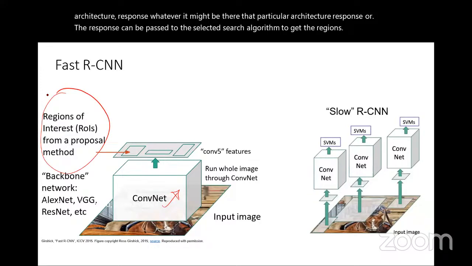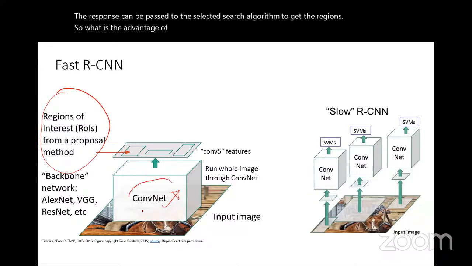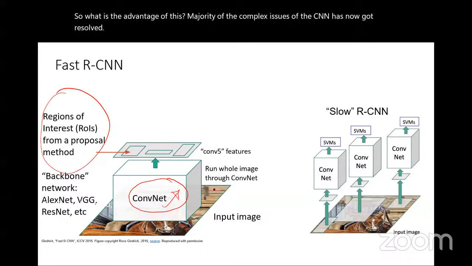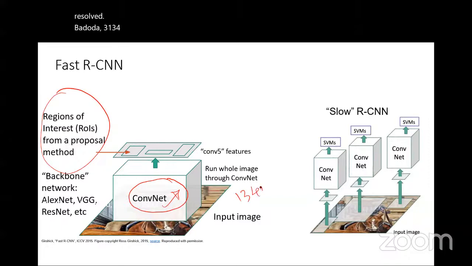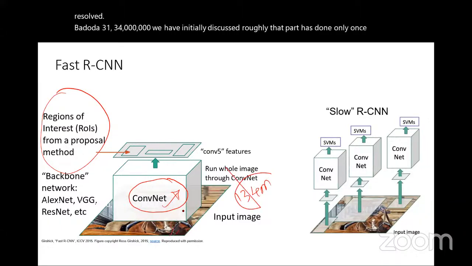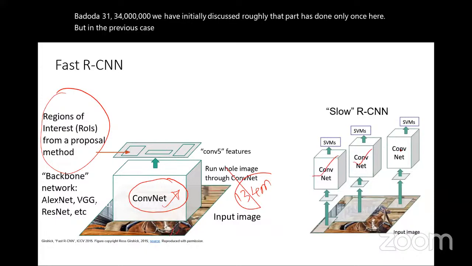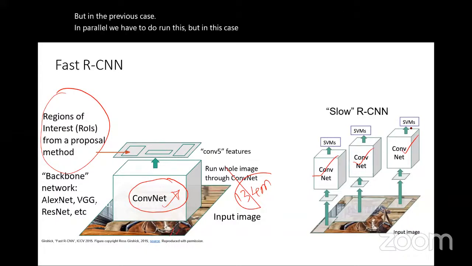What is the advantage of this? The majority of the complex issues of the CNN have now been resolved. Of the 134 million parameters we initially discussed roughly, that part is done only once here. But in the previous case, we had to run this in parallel. In this case, for a single image, we do the CNN algorithm only one time.